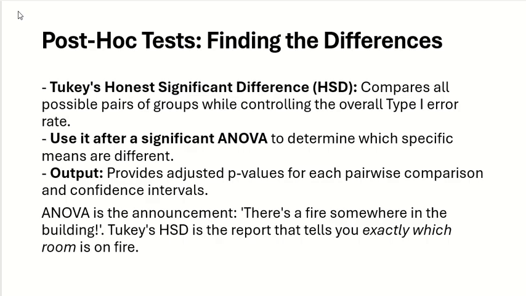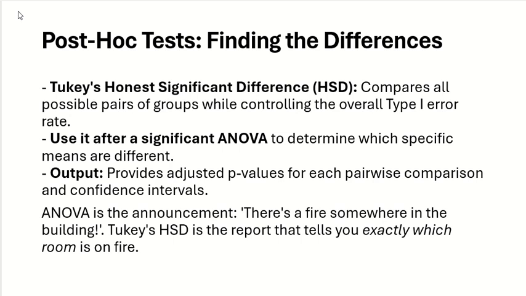Tukey was the statistician who came up with the test. This test performs pairwise comparison. So you did ANOVA, and now you know at least one of the groups is different. This test will perform pairwise comparison to give you which group is actually different. Is it one group or more than one group?